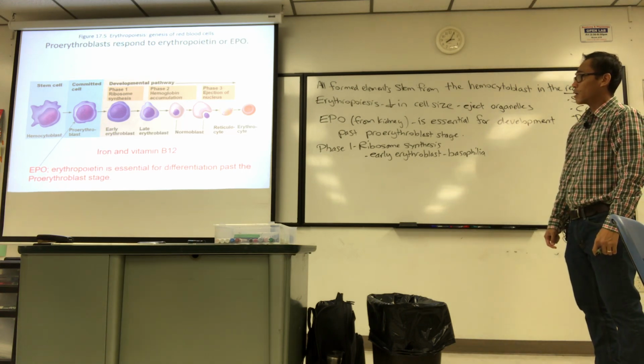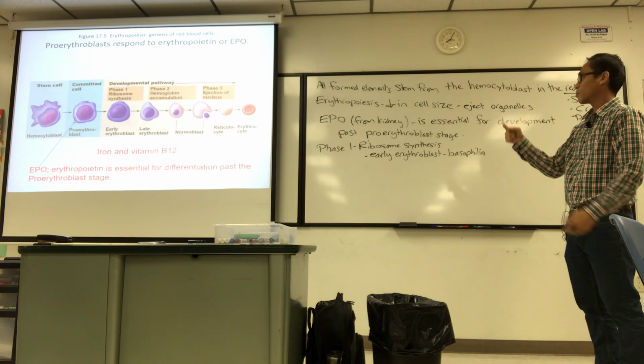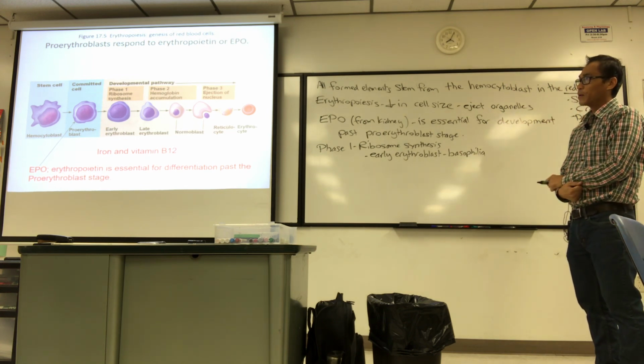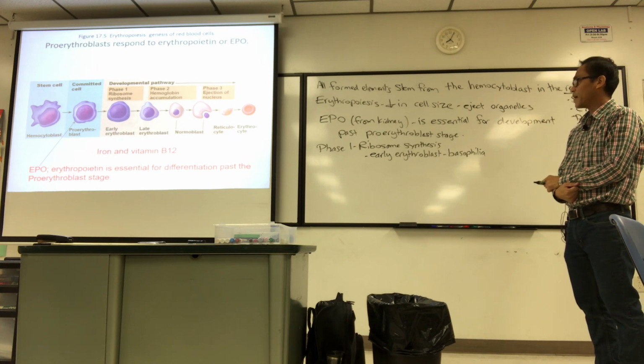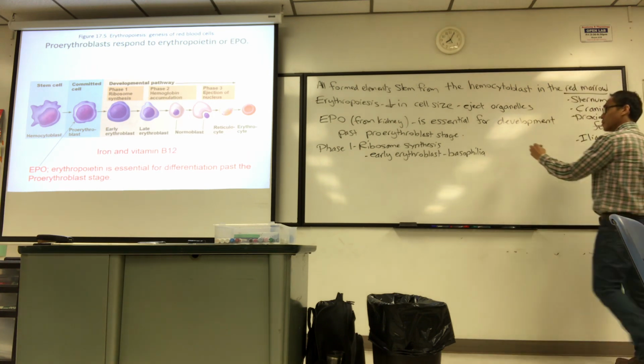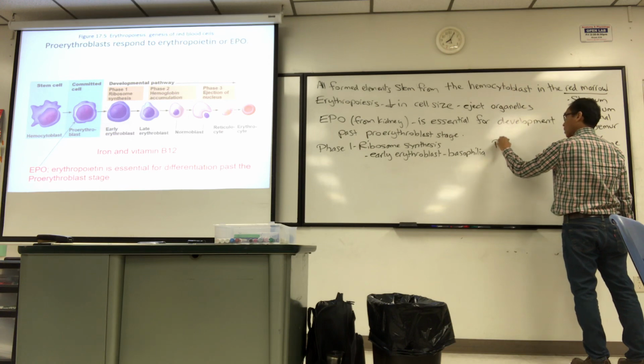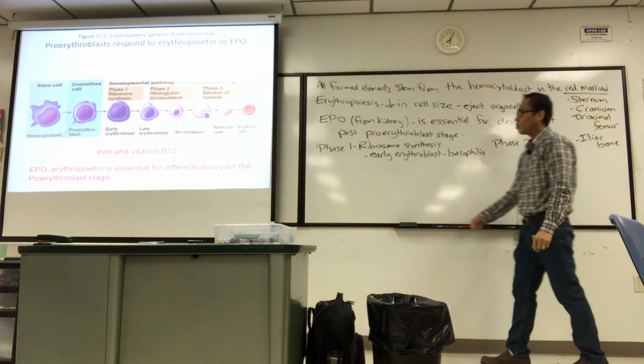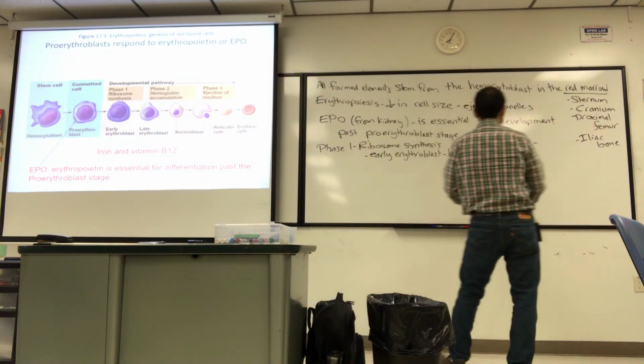Okay. So as you progress, and you're actually starting to make and accumulate the hemoglobin, they call that phase 2. Hemoglobin accumulation.